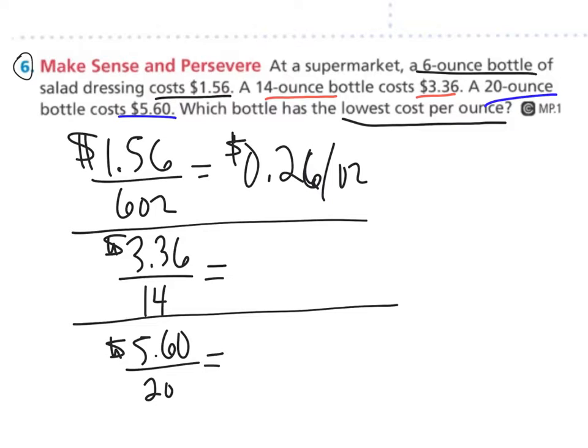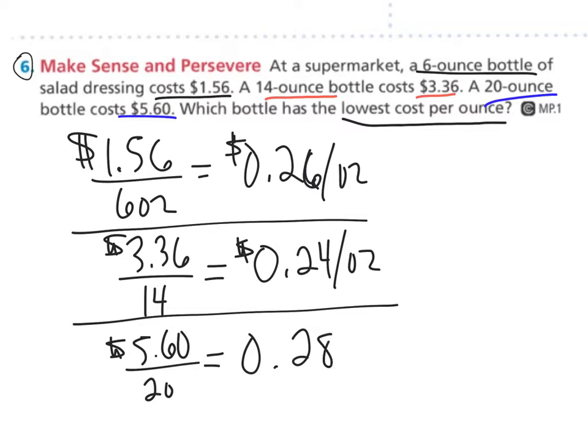The second one, for the 14 ounces, if you divide that out, would be 24 cents per ounce. And the last one, if you divide that out, would be 28 cents per ounce. So comparing these, the lowest cost per ounce would be for the 14-ounce bottle. And again, we could make a nice sentence explaining about that.